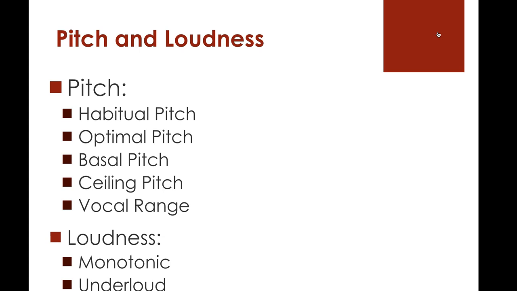And then the space between the basal pitch and the ceiling pitch: you might be at 90 vibrations per second, and then your ceiling pitch, if you're a man, might be 140 vibrations per second. So that 90 to 140 would be your vocal range, right? Where you can be without hurting your voice, without breaking your pitch.